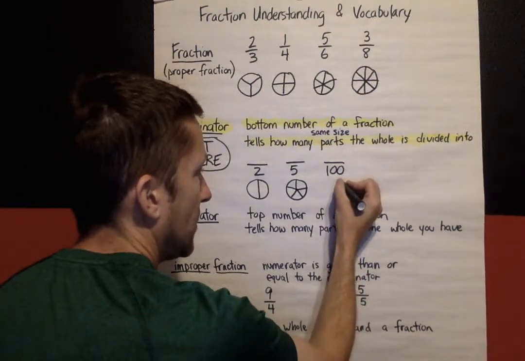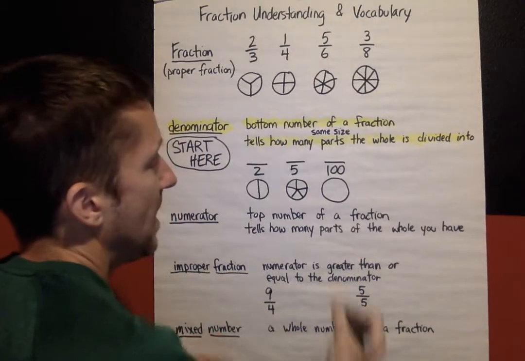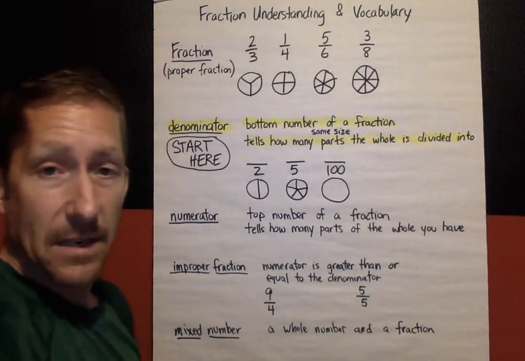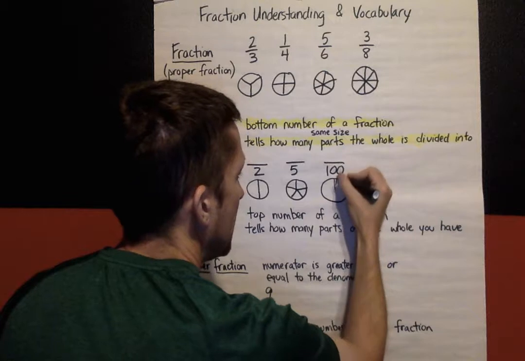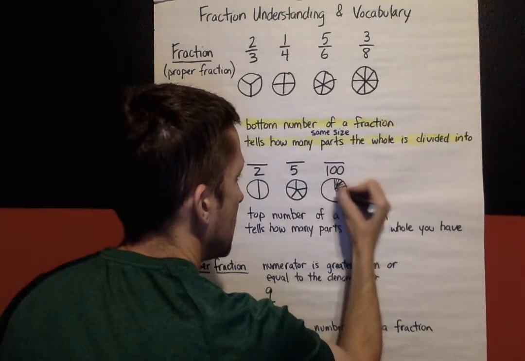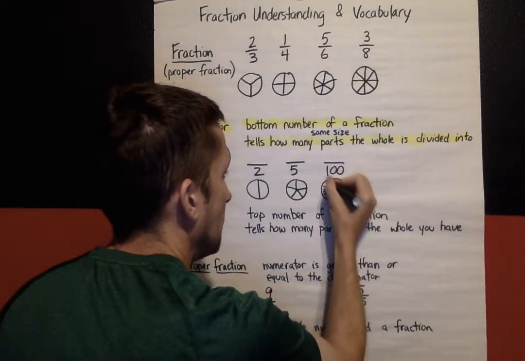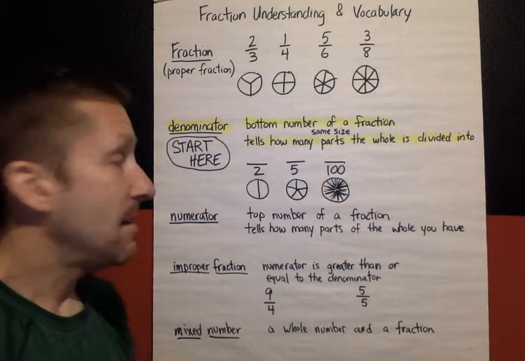Now, I'm not going to be able to draw this, but I'm going to kind of model it in my mind. I can't draw 100 slices in here. They're going to be sliver slices, super tiny. But I'm just thinking that there's so many slices in this thing. There's 100 slices in that.